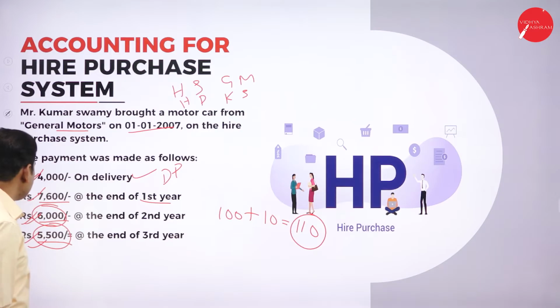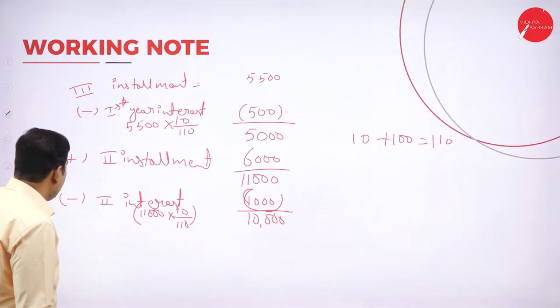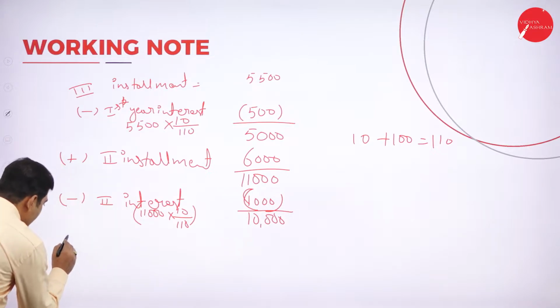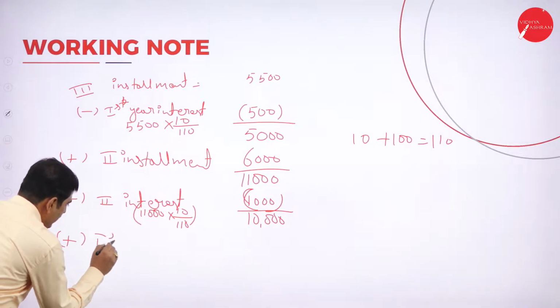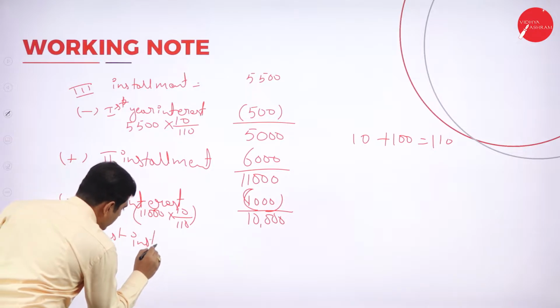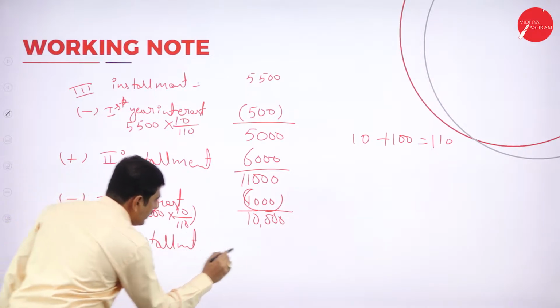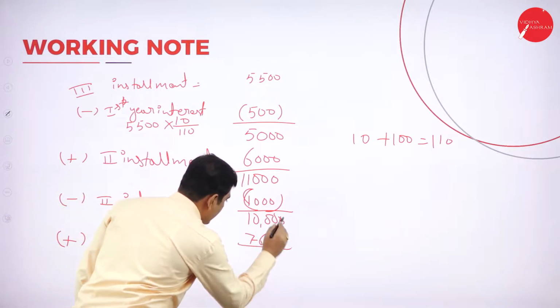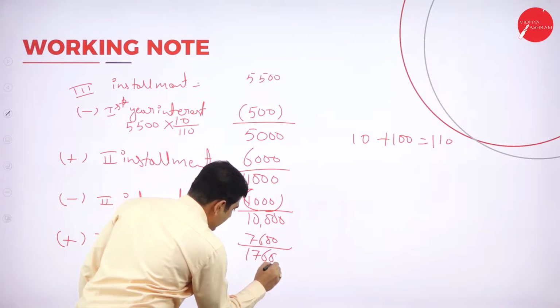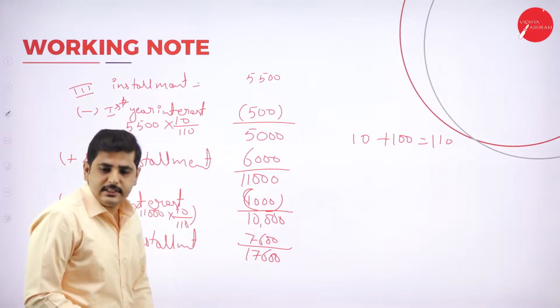What is our first year installment? So our first year installment is 7,600. Add 7,600. Add first installment. It is 7,600. It will become 17,600. Again deduct the first year interest.